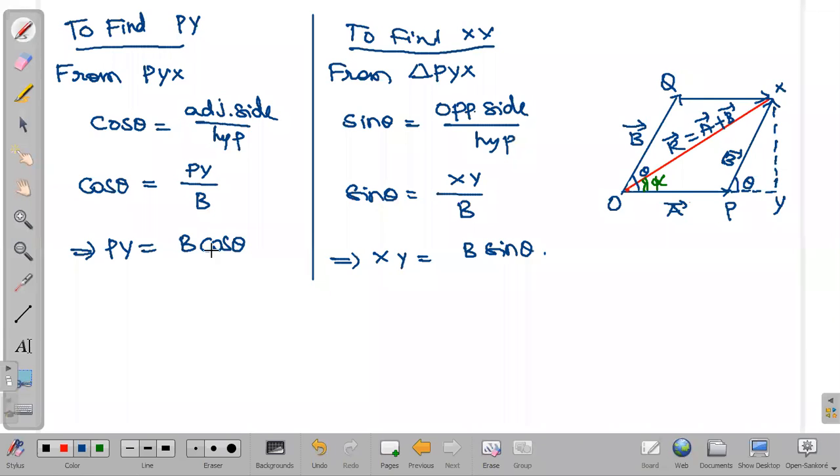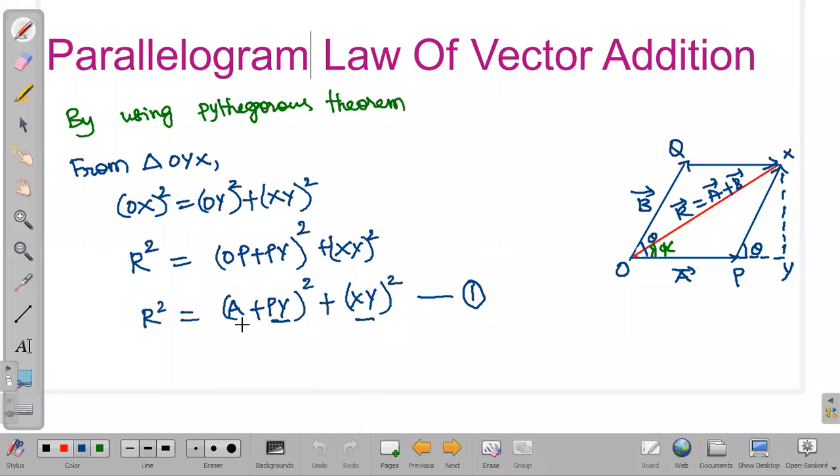Now, these PY and XY I will be substituting in equation 1, which we have seen here. In equation 1, R square is equal to A plus PY whole square plus XY whole square, right?